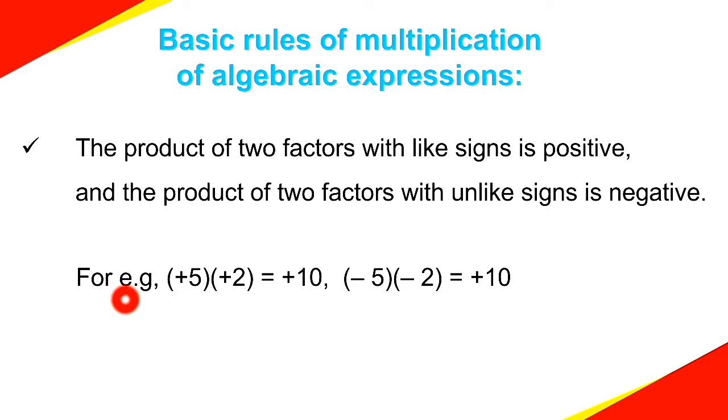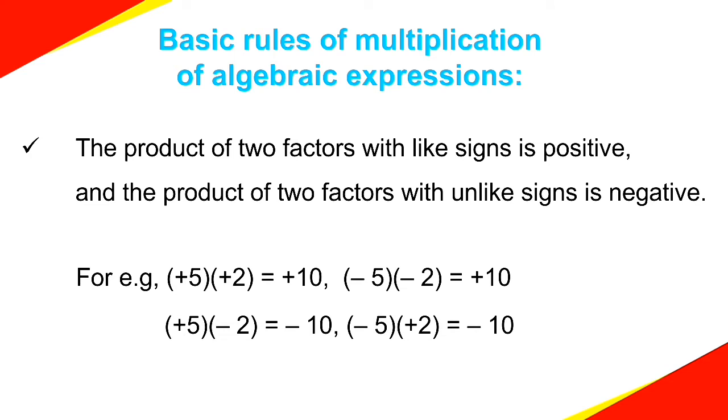For example, plus 5 into plus 2 is equal to 5 2s are 10. Plus into plus, plus. One more example, minus 5 into minus 2. 5 2s are 10. Minus into minus, what we can get? Plus.